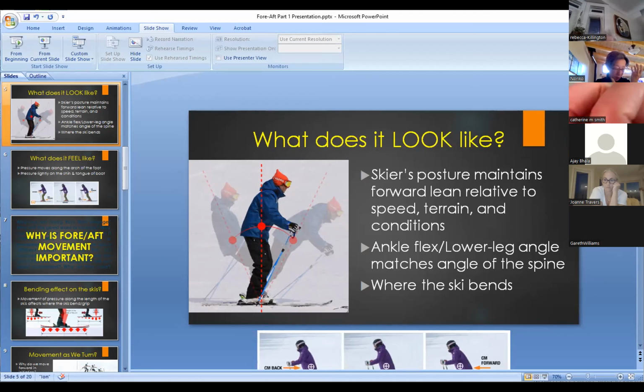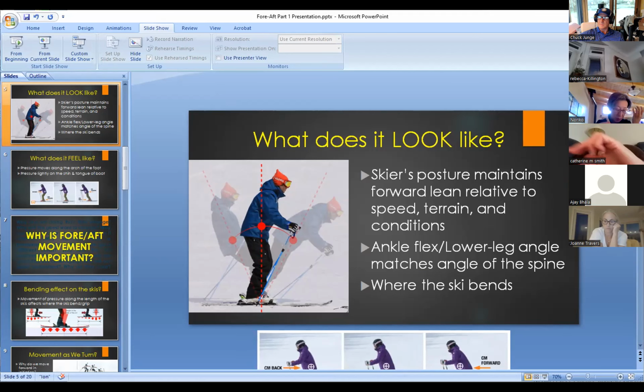So if we could do the boot drill for them to really get into their nervous system, what position makes you feel secure and connected to the snow underneath you, that could be the key for us to teach fore-aft balance.